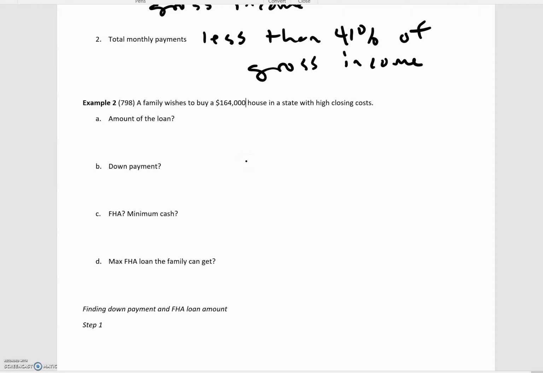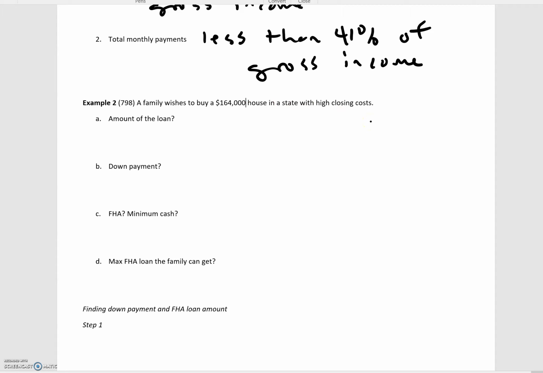A family wishes to buy a $164,000 house in a state with high closing costs. And make sure to follow along at page 798 so that you can get any details that I'm just putting in. If you're wondering where this value or idea came from, I didn't add all of the example to our notes page, so you'll need to follow along in the book.